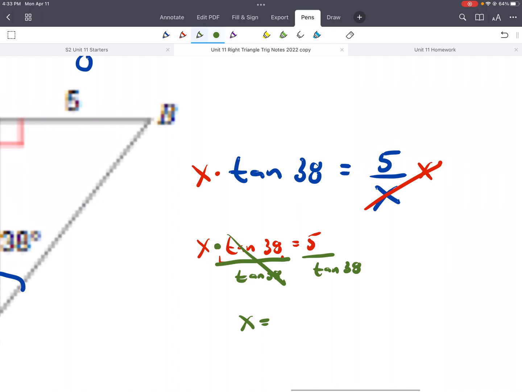So x is equal to 5 over tangent of 38. Again, when we do this with our calculator, maybe we'd do 5 and then use the division symbol and then do tangent of 38. Okay, so here I'll type mine in, 5 divided by tangent of 38, and I got 6.4.